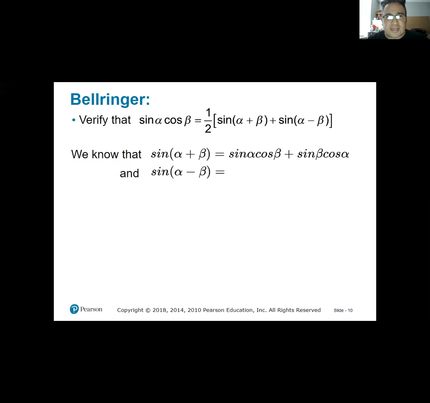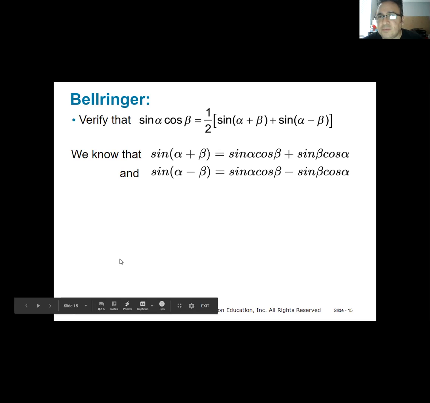And we also know that sine of alpha minus beta is what? Sine of alpha cosine of beta minus cosine of alpha sine of beta. There you go, right? I just wrote it backwards and you said it, Sarah. Good job, Sarah.